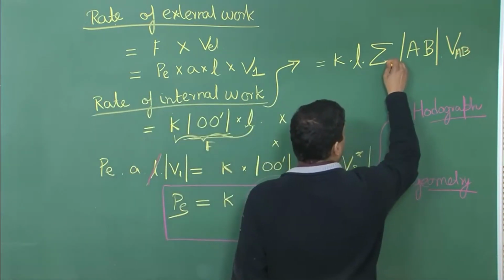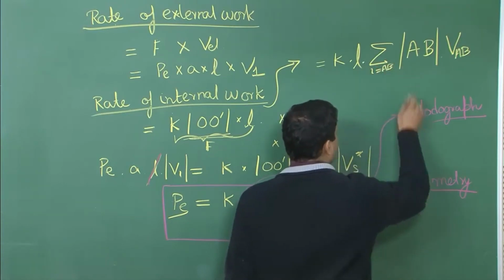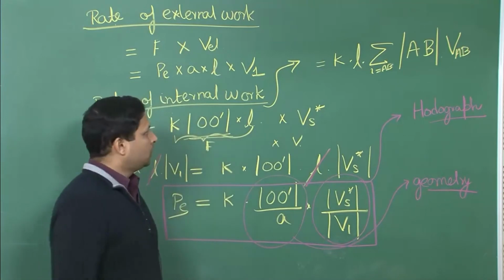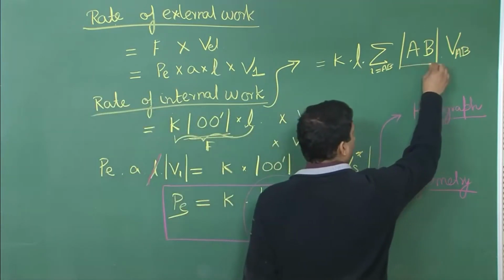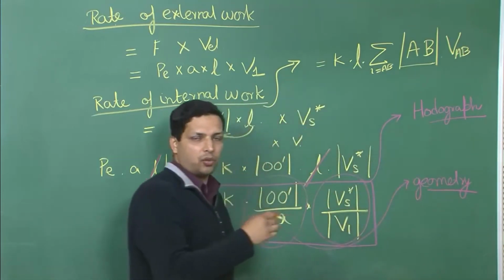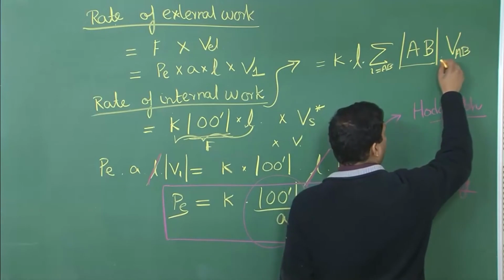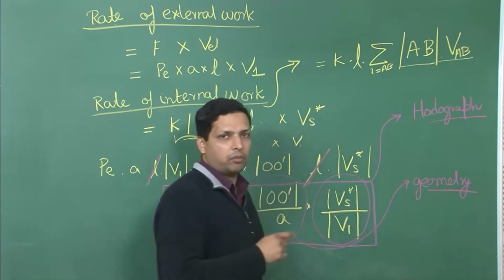So, you will take summation of all such planes, the length of this plane, the length meaning the trace that you are seeing on the geometry, and shearing velocity on that plane.